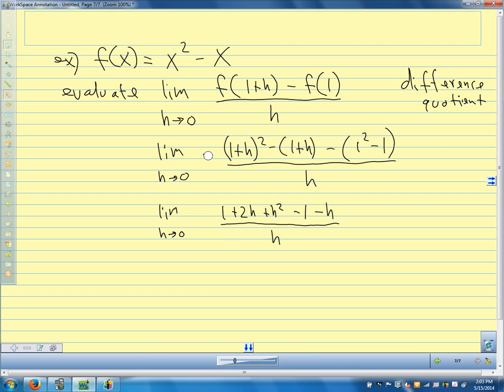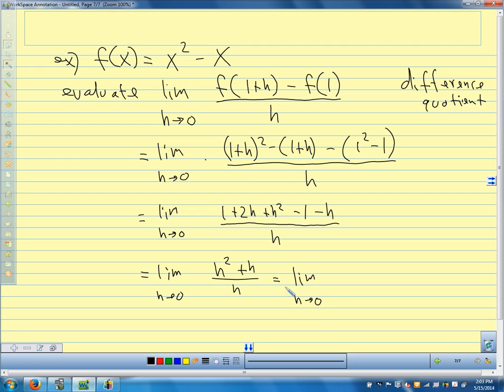Oh, and I don't want limit equals, I want it equals a limit as h approaches 0. The 1 and minus 1 go away. 2h minus h, I'm just left with an h. So I get h squared plus h, over h.